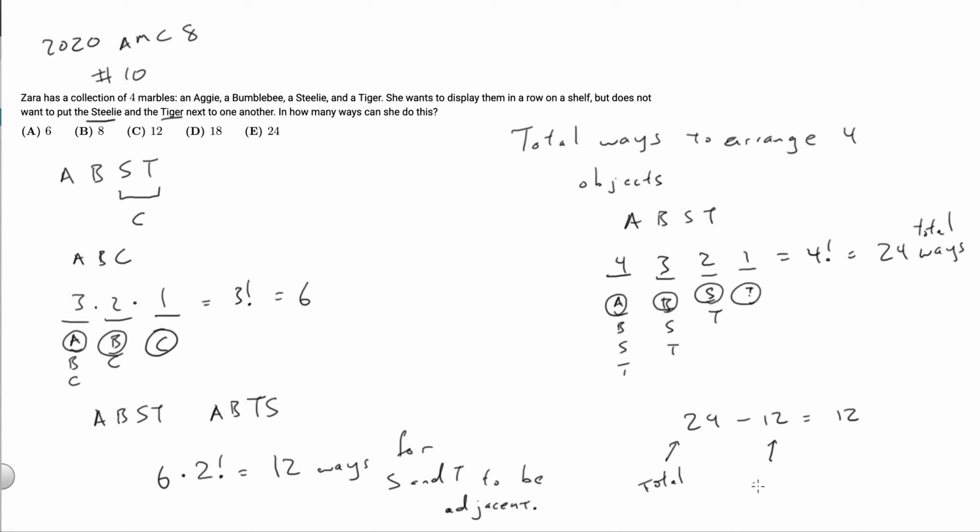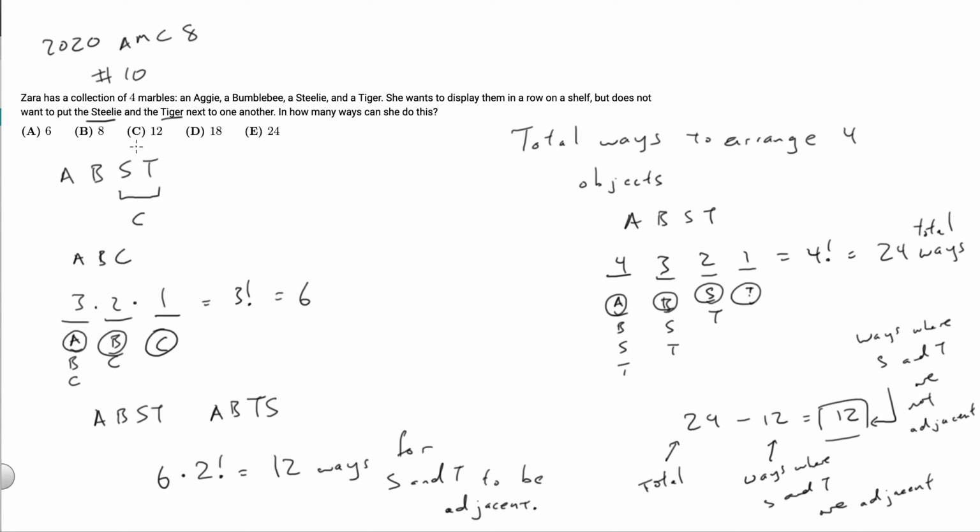And this is ways where S and T are adjacent, which means that what's left is the ways where S and T are not adjacent. And so 12 is going to leave us with answer choice C.